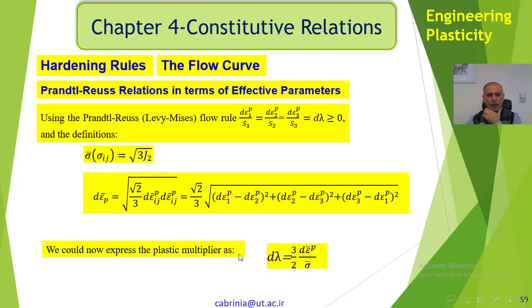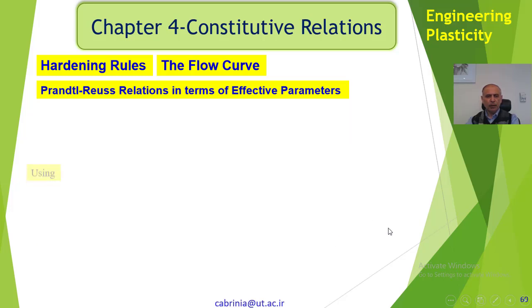We could now express the plastic multiplier, this d lambda, because this is a relationship between deviatoric stress and incremental plastic strain. From these equations, we get d lambda equal to 3/2 d epsilon bar p over sigma bar, and so we obtain this plastic multiplier.